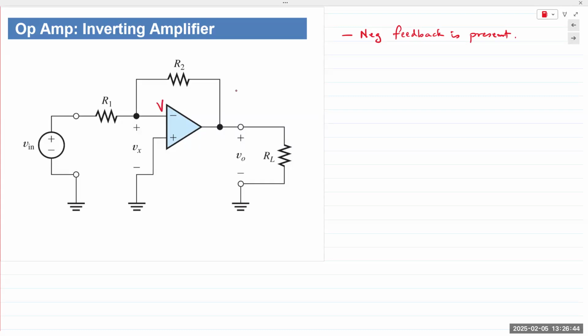At the inverting terminal, voltage is referred to as V minus. Non-inverting terminal voltage is V plus. Vx is shown as plus and minus, but Vx typically would be V plus minus V minus. Non-inverting terminal is connected to ground. Therefore, from the virtual short concept, V minus is also forced towards ground.